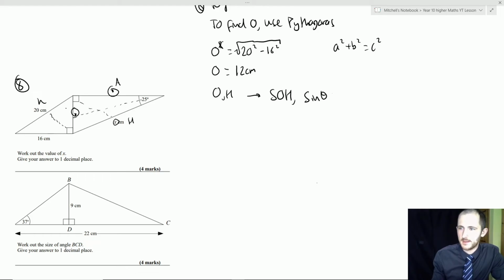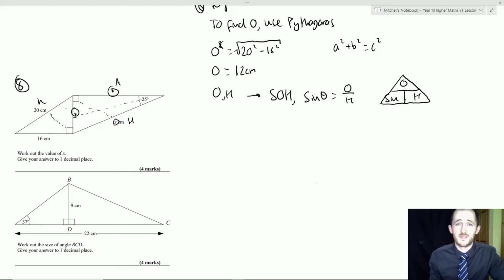So sine theta equals, or again, if you want the triangle, I'd recommend learning the algebra, especially if you plan on doing A-level maths, or even doing any kind of science at A-level. But yeah, if not, it's totally fine. What do we want? We want H, so cover up H, and my equation now becomes H equals opposite over sine theta.